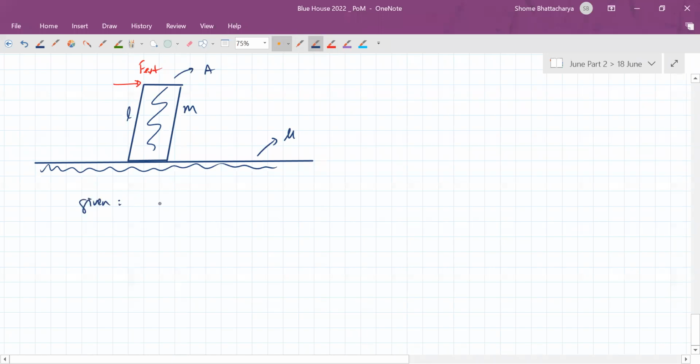So given that the mass of the block is 20 kilograms, take g as 10 meters per second square, and the coefficient of friction is 0.6. Okay.